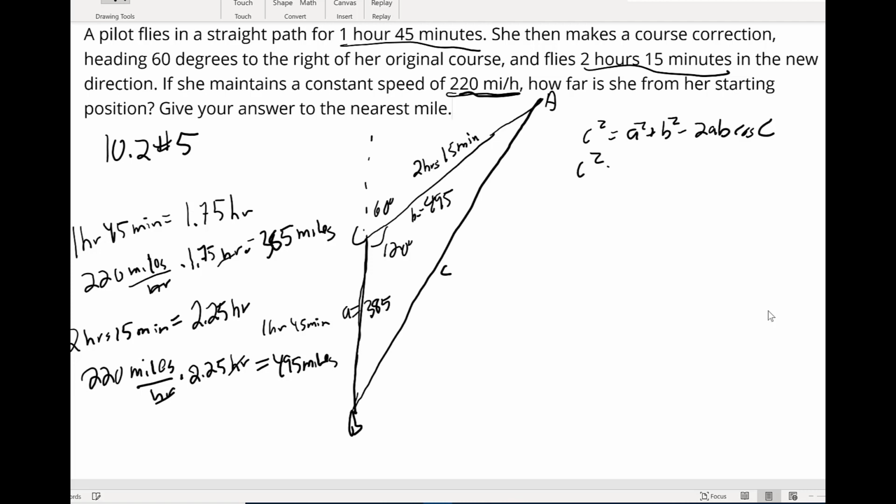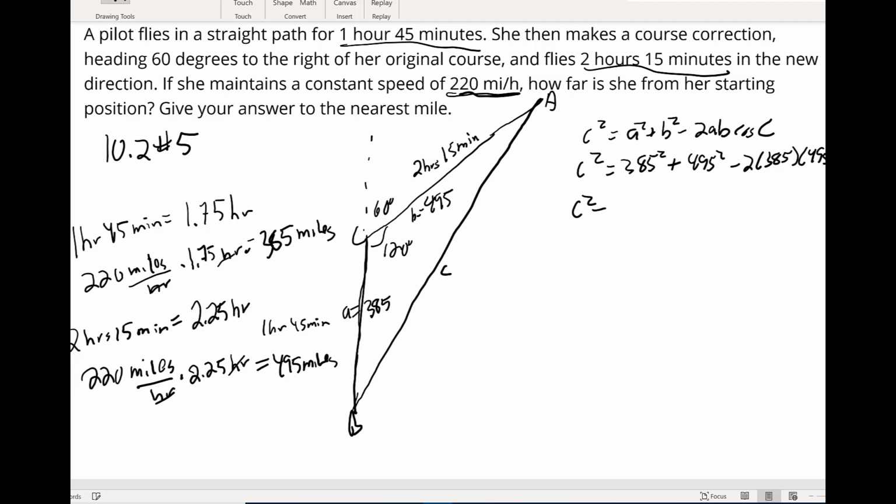So c squared would be equal to 385 squared plus 495 squared minus 2 times 385 times 495 times cosine of 120.